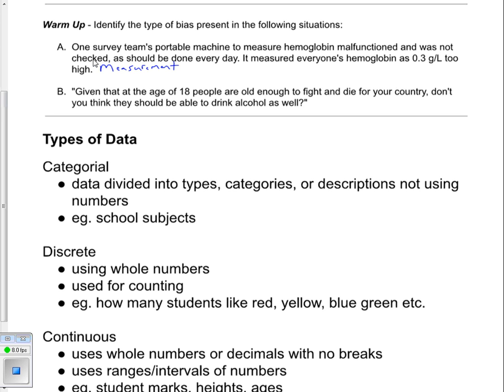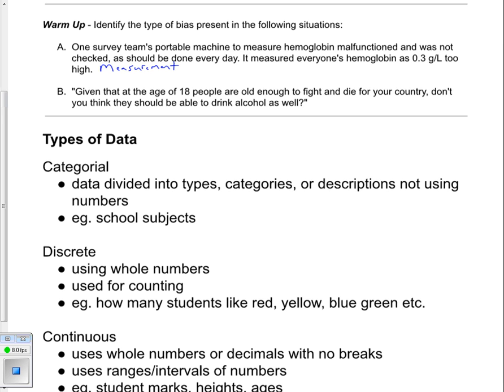So in part B, let's take a look at what type of bias we see here. The question is, given that at the age of 18, people are old enough to fight and die for your country, don't you think that they should be able to drink alcohol as well? So this question is actually trying to get a specific response, and it's not a measurement issue.